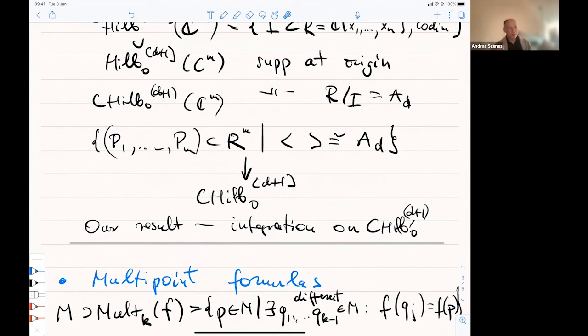We have a proposed list of fixed points, and we don't know which elements of the list actually are fixed points or not, roughly speaking, but we still managed to calculate by some vanishing theorem, prove that only one of the fixed points contributes, and that's somehow how the proof goes.